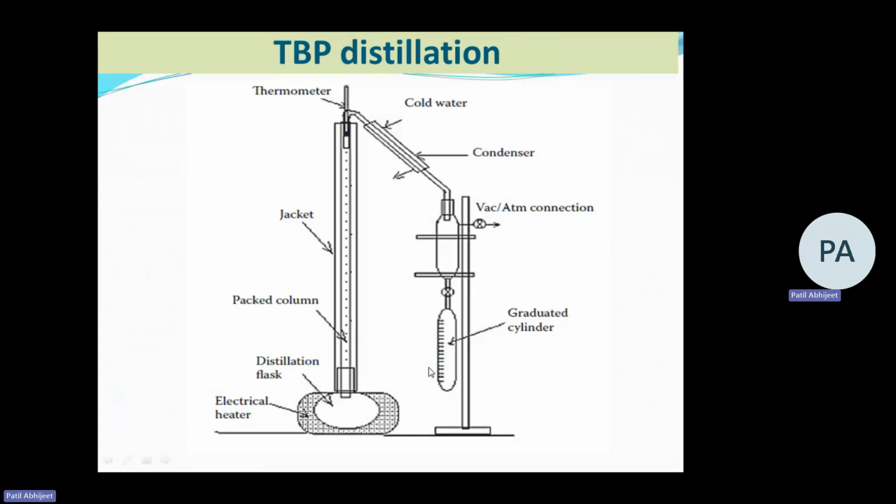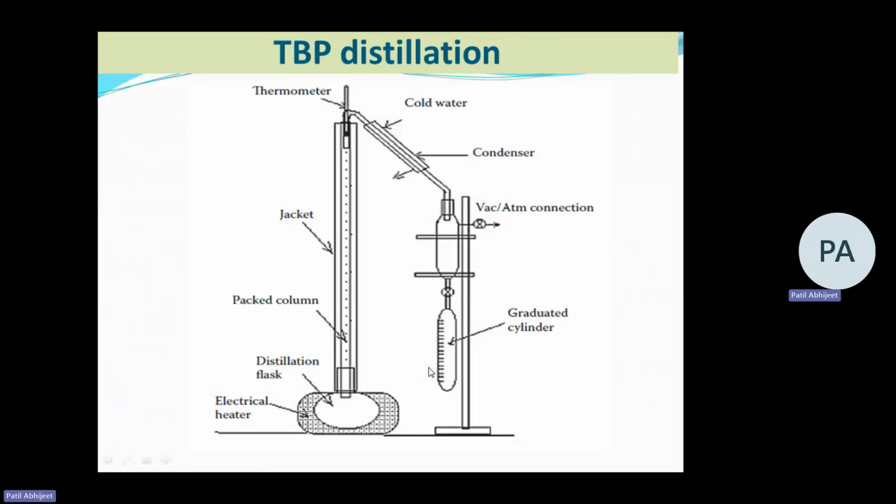At the top of the packed column, the thermometer is attached to indicate the temperature, and the vapor is also collected to the right side, to the reflux from the top. Cold water is supplied to the condenser and hot water is removed, to cool the vapors and convert them to liquid.